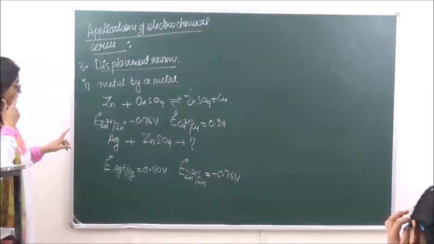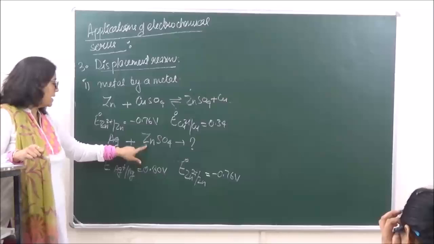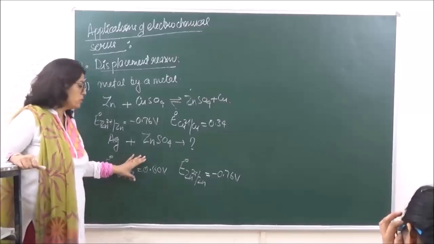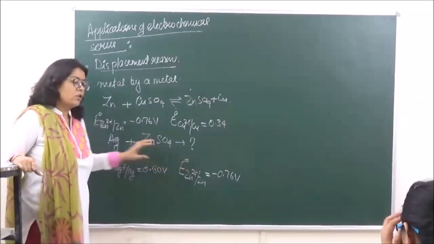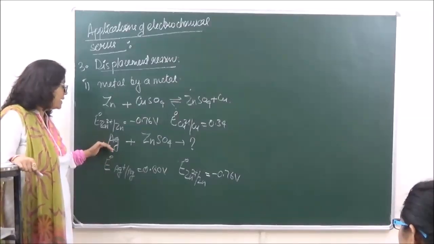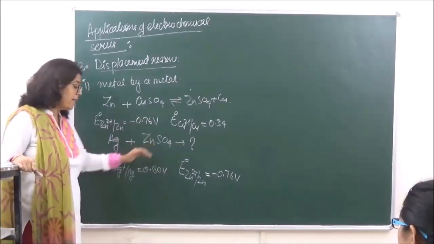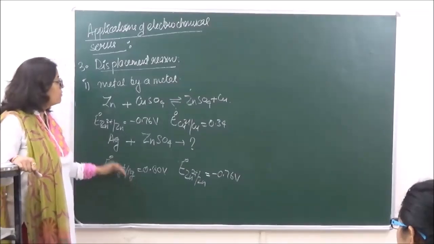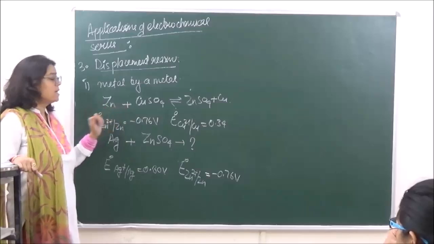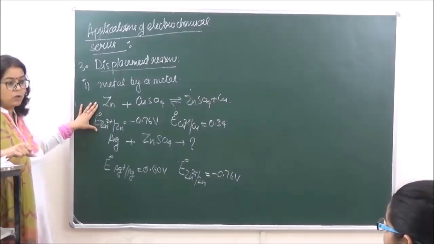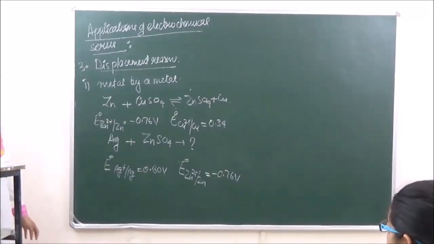Now according to this reaction, zinc has to be displaced by Ag. The value of Ag, that is 0.80, is positive, and the value of zinc is negative. So would this reaction take place? No, it will not take place, because the metal which we want to displace with has a value that is greater, that is positive, more positive. And what we are saying is only those metals can displace which have a higher negative value of reduction potential. So this is one important question which can come.